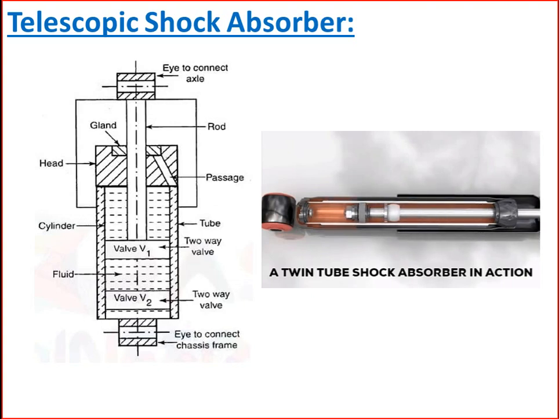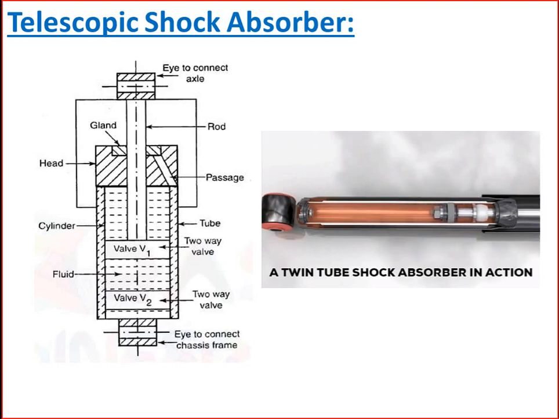So the figure shows the telescopic shock absorber. So what is the construction of the telescopic shock absorber? The upper eye of the telescopic shock absorber is attached to the axle and the lower eye is attached to the chassis frame as shown in the figure. A two-way valve V1 is connected to a rod.